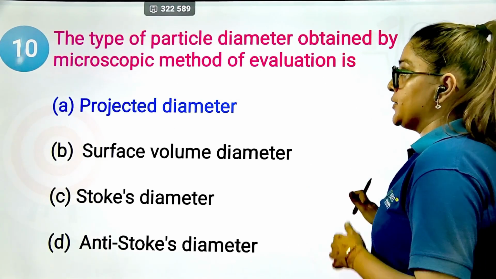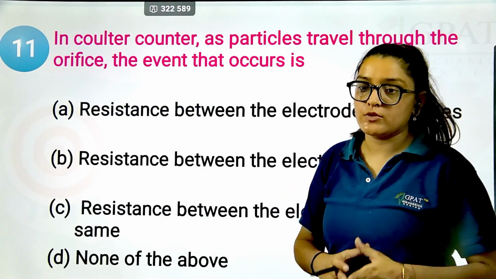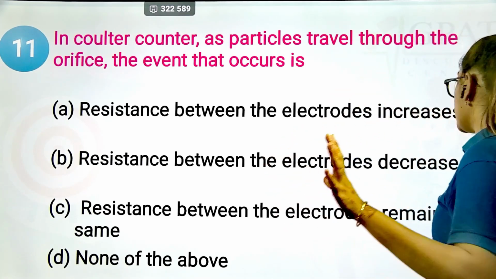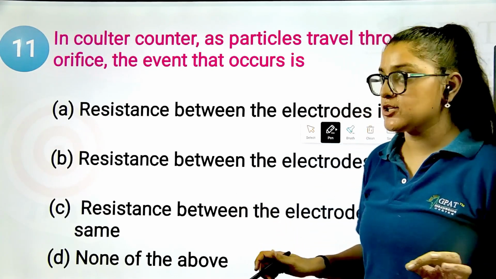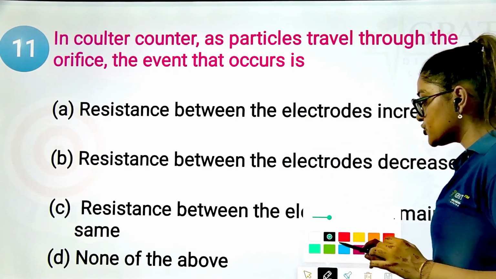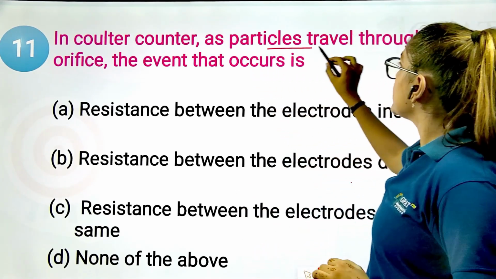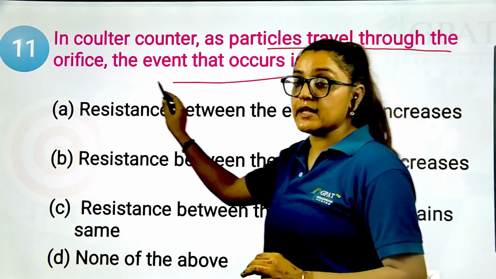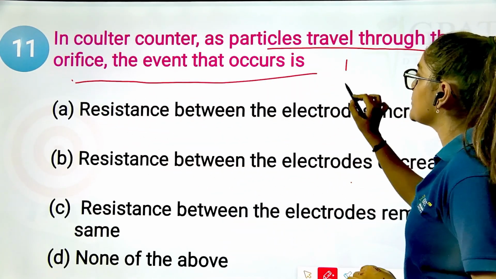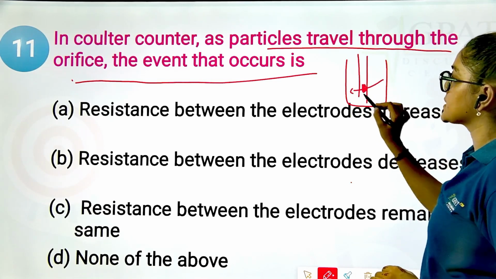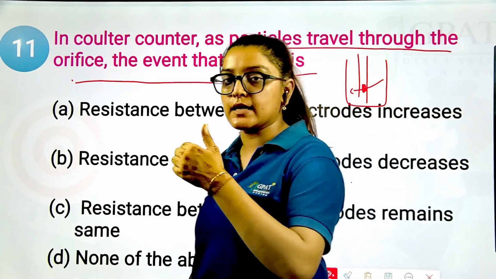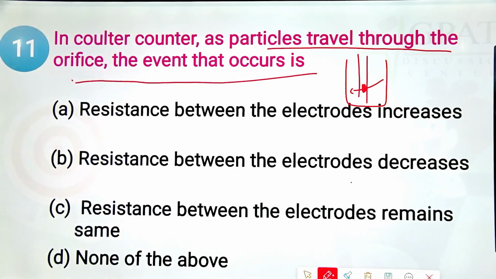Okay, next. In the Coulter counter method, now this you will do because I have explained the Coulter counter method already with quite a good explanation. I think you will be able to answer it. As particles travel through the orifice, what event actually occurs? Just like I have mentioned, here you have a simple orifice through which the particles from this conducting liquid will pass, and there will be a change that will be marked as a signal.